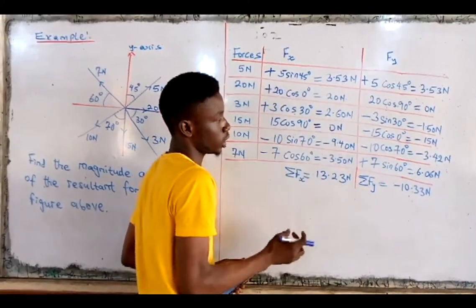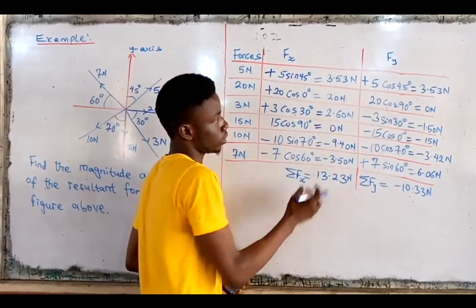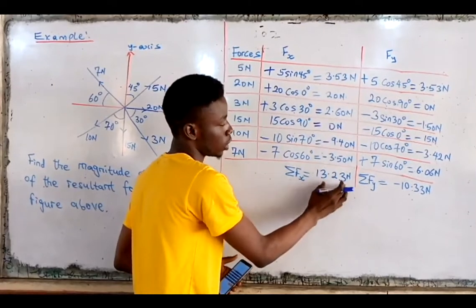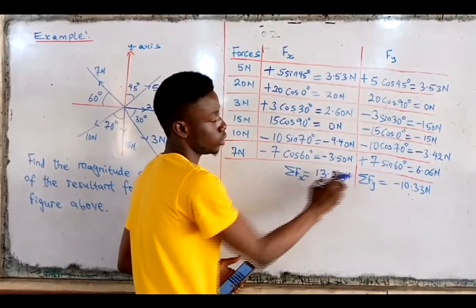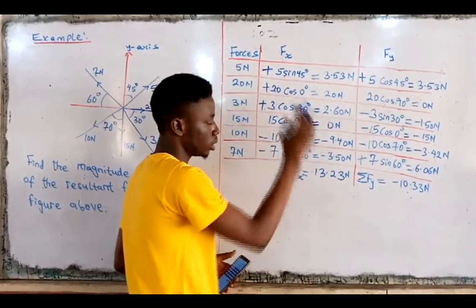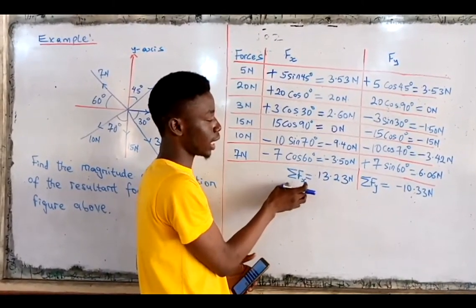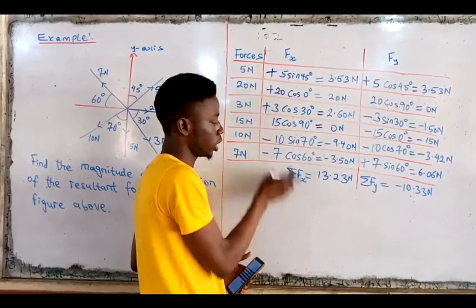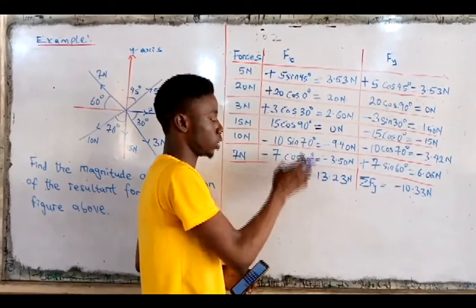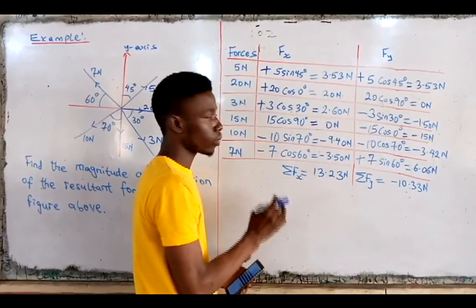If you compute this very well, you are going to get 13.23 Newton. That is the total force acting on the x-axis. This is the resultant of all the forces with respect to the x-axis.